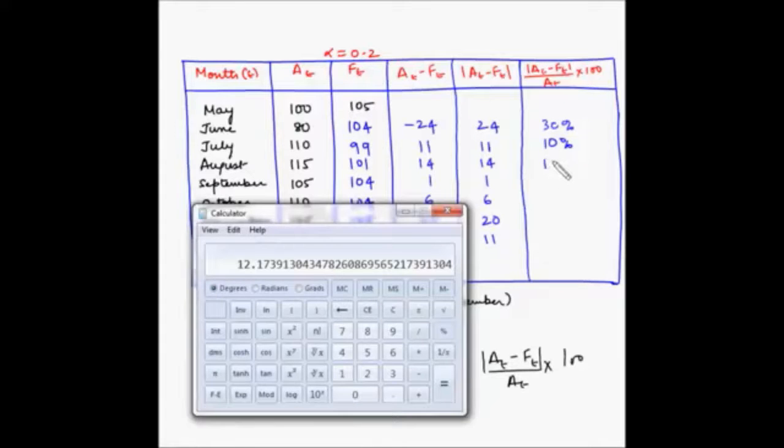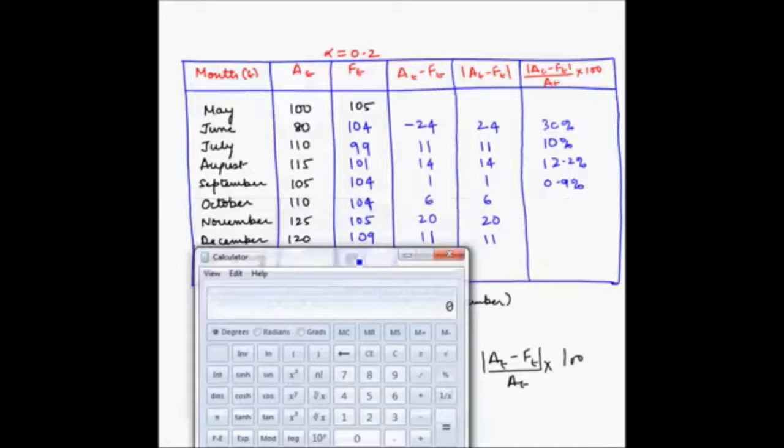We can round it to 12.2%. Next is 1 multiplied by 100 divided by 105, so this is 0.95. We'll round it off to 0.9%. Next is 6 multiplied by 100 divided by 110, so 5.45, so 5.4%.